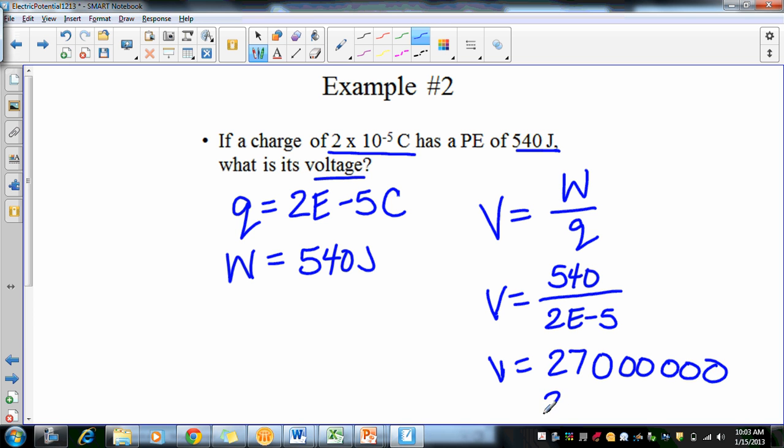Another way to write that is 2.7 E7, and that's in volts. For WebAssign, you could use either one. This one might be more likely to be counted correct. And you would write it in just like this into WebAssign, just like your calculator shows you, 2.7 E7. So very large potential for this to move.